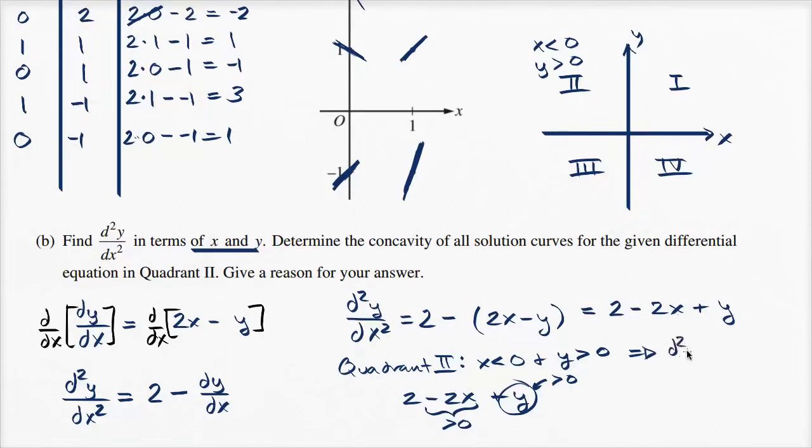So the second derivative with respect to x is positive, which means that our slope is increasing over that interval, which means that we could say that our concavity, I always have trouble saying that, concavity is upwards.